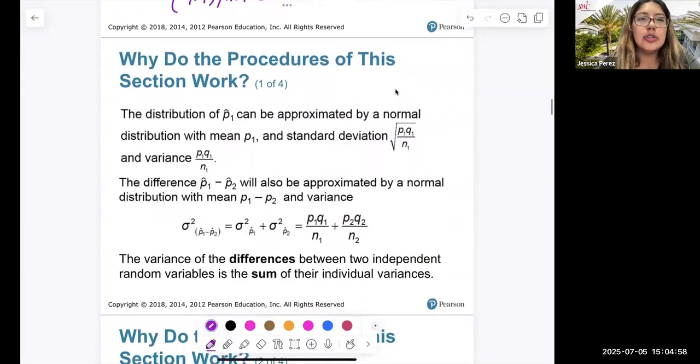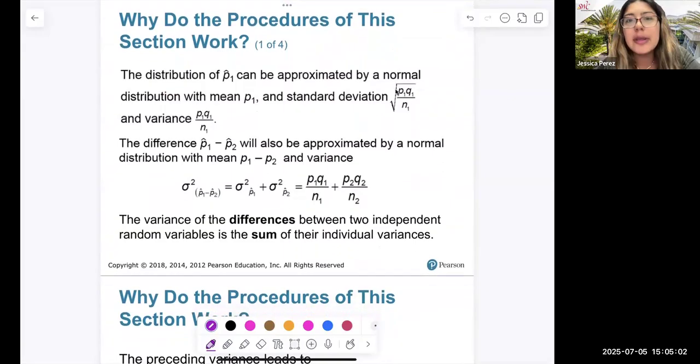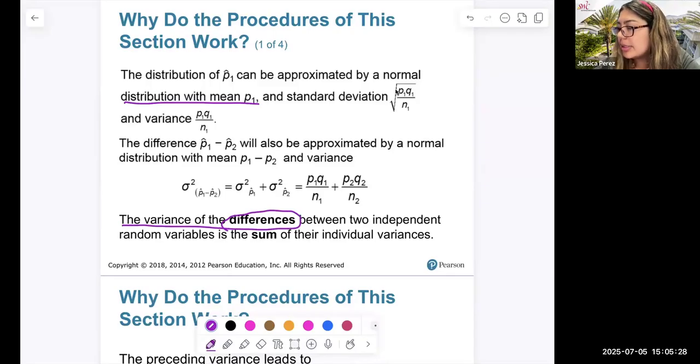So why do the procedures work in this section? The reason is that P1 hat can be approximated by a normal distribution with mean P1 and standard deviation and variance. Now the difference P1 hat minus P2 hat will also be approximated by the normal distribution with mean P1 minus P2 and the variance. The variance of the difference of two independent random variables is the sum of their individual variances.